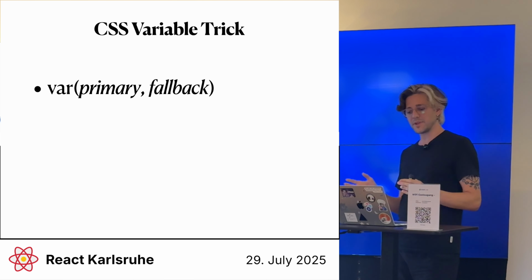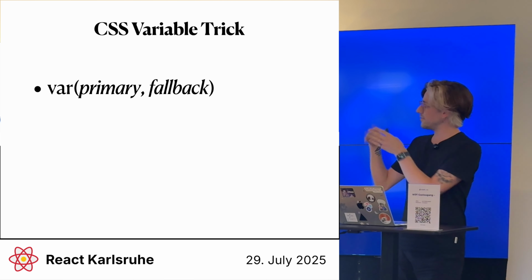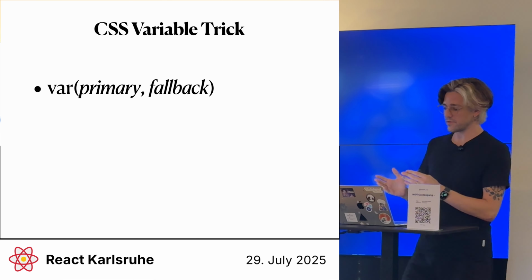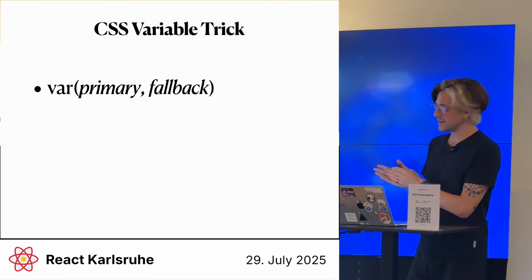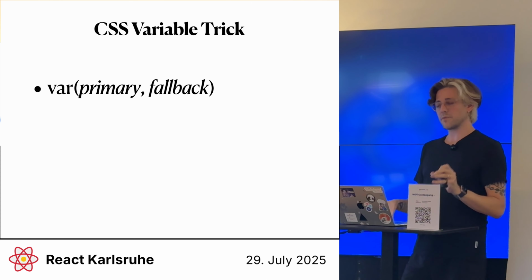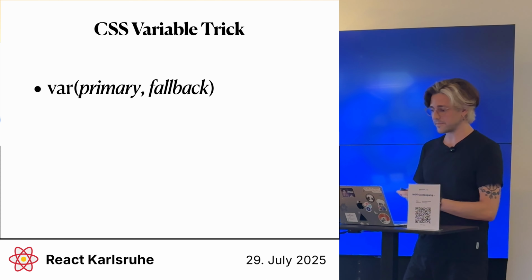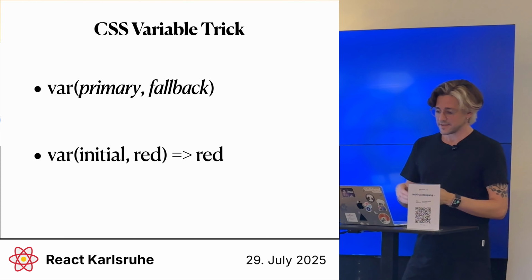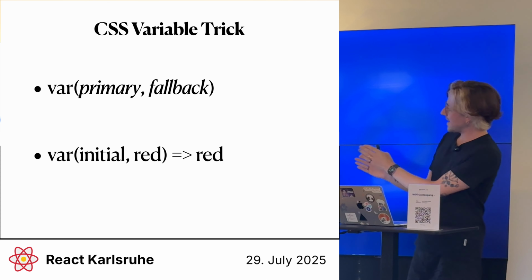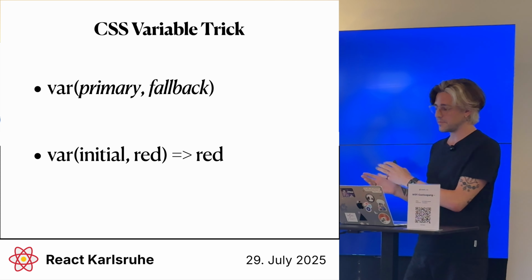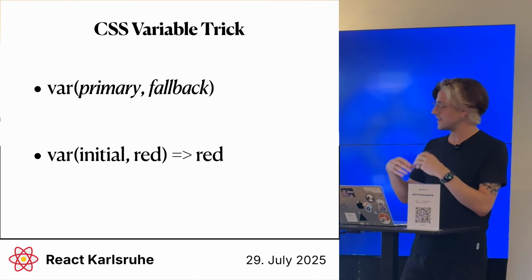So CSS variables support a primary and a fallback value that you can provide. And the spec has a couple of rules when it comes to how those values are applied. There are two specific ones that we need to take a look at when it comes to this whole CSS variable trick. The first one is when the primary value is set to initial, then the fallback value will always be used, because initial in the spec is considered an invalid value.